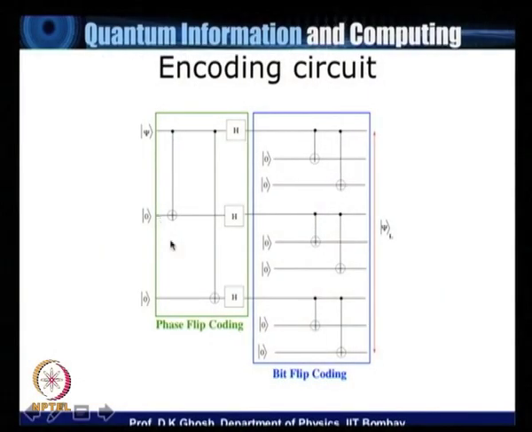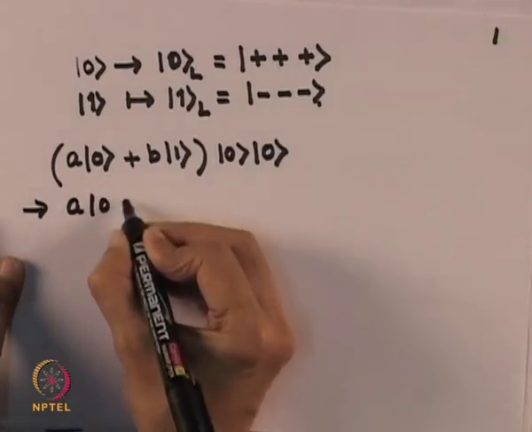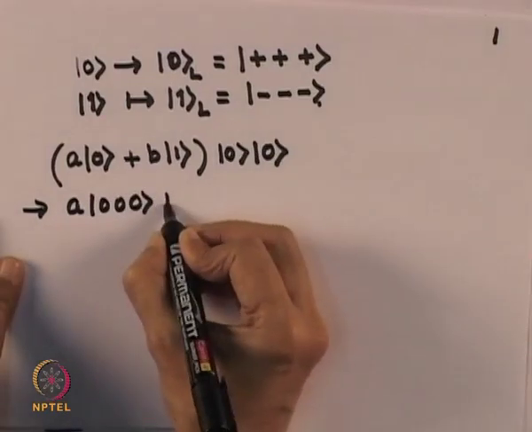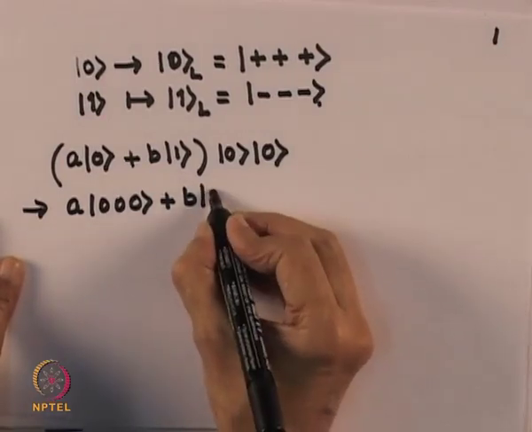Going back to the slide, you can see it here. Under the green part, I have introduced two ancillas 0, 0, and I started with psi, which is A0 plus B1. So I have A 0 0 0, writing it in all 3 qubits together, plus B.